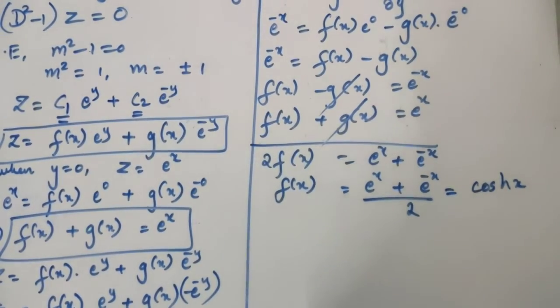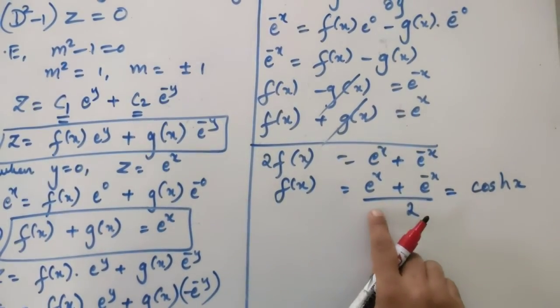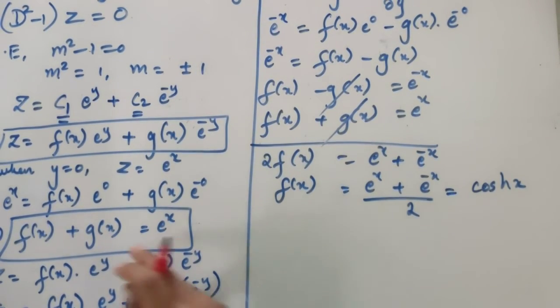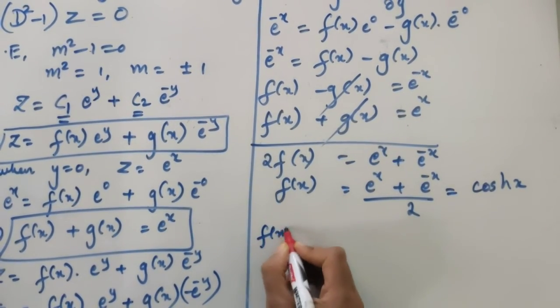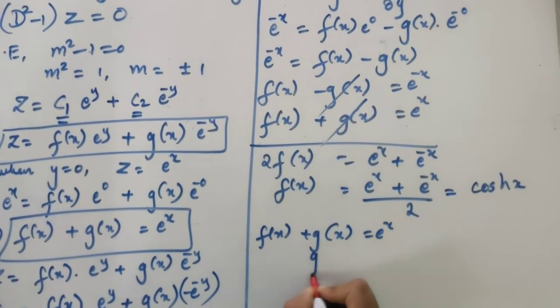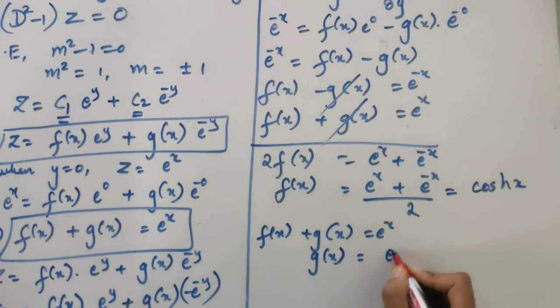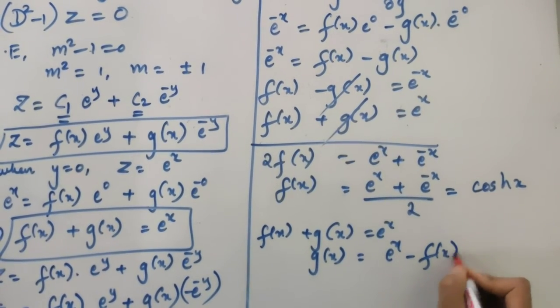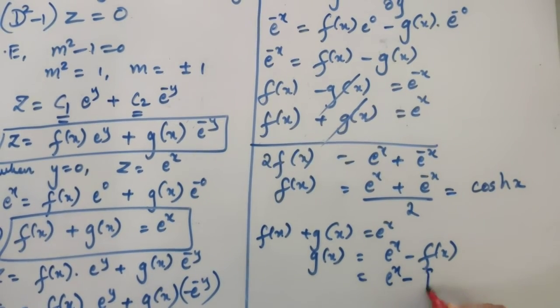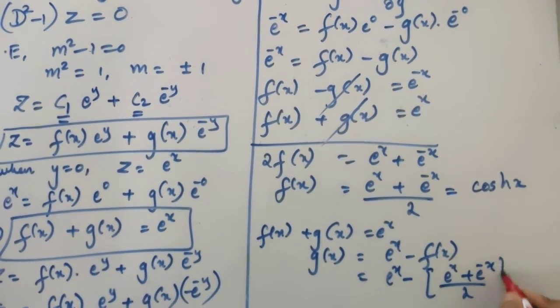Now, I can use the value of this f of x and get my g of x. So for that, I am having f of x plus g of x is equal to e to power x. So g of x is equal to e to power x minus f of x, or it is e to power x minus e to power x plus e to power minus x divided by 2.